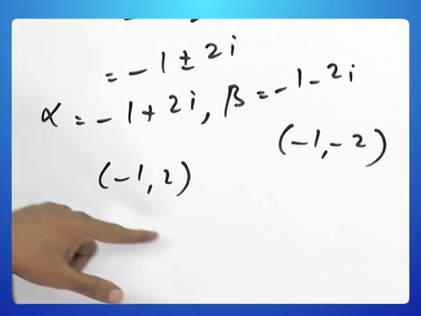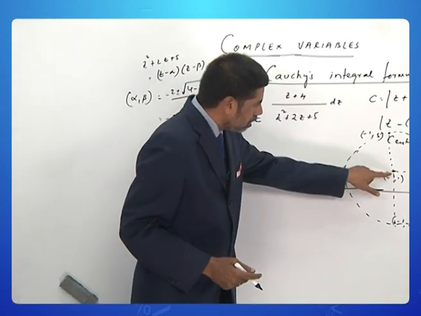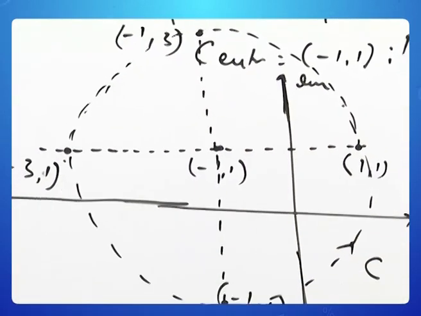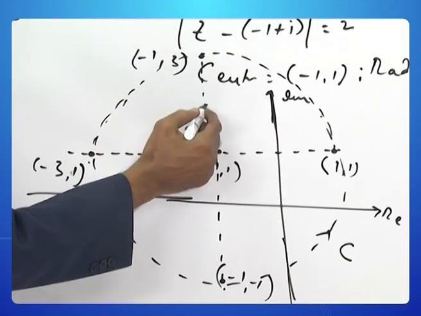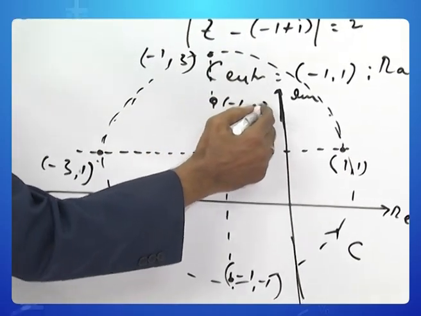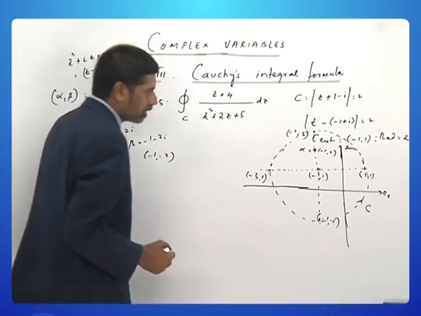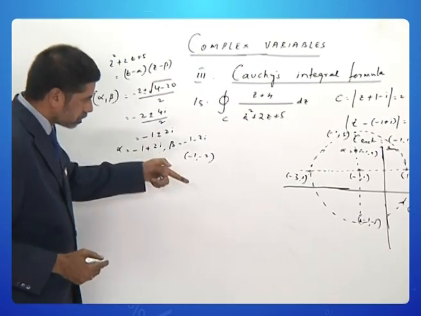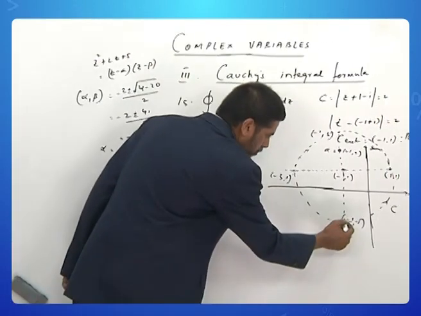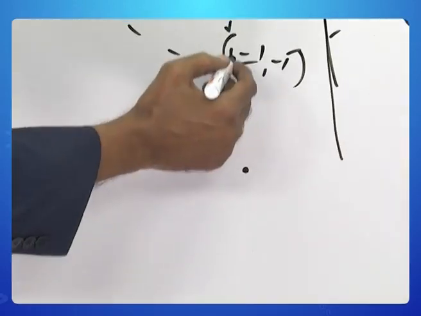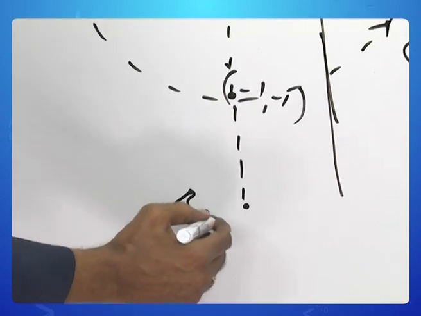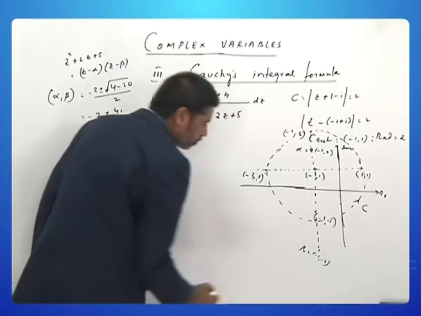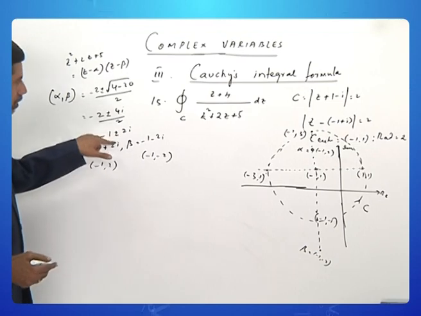Let's look at -1, 2. It is somewhere here. So we have located alpha inside the contour. What about -1, -2? It is below this point. So beta, equal to -1, -2, is outside the contour.